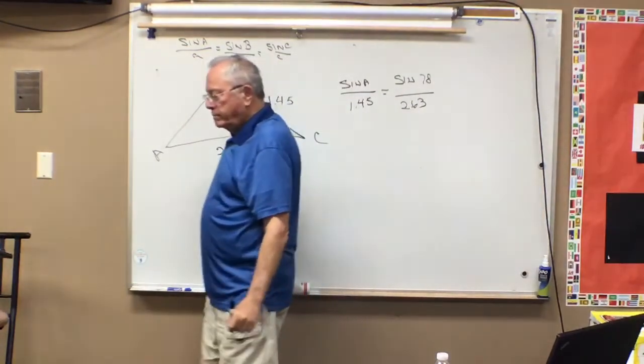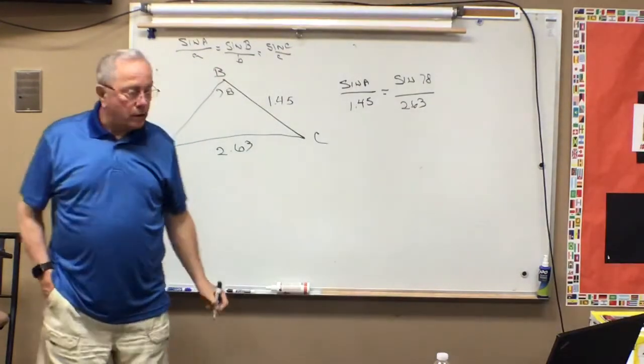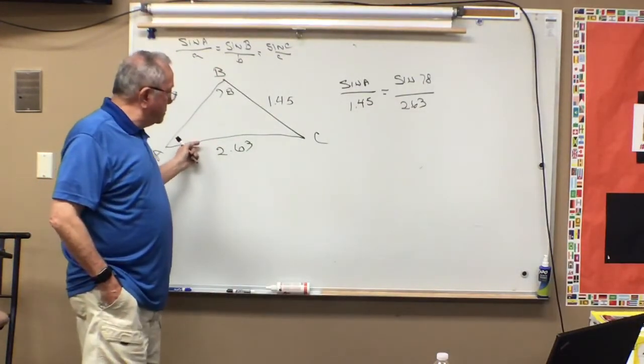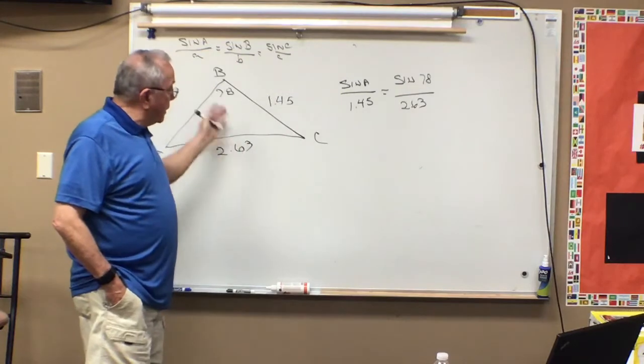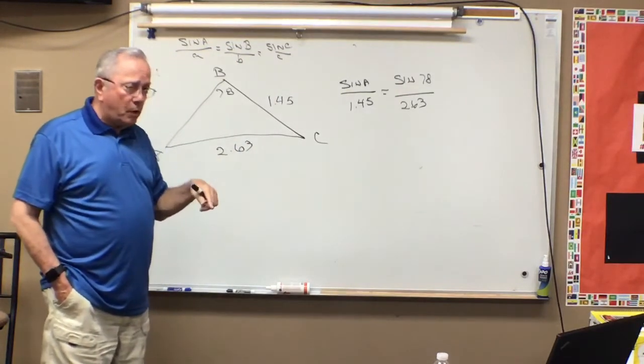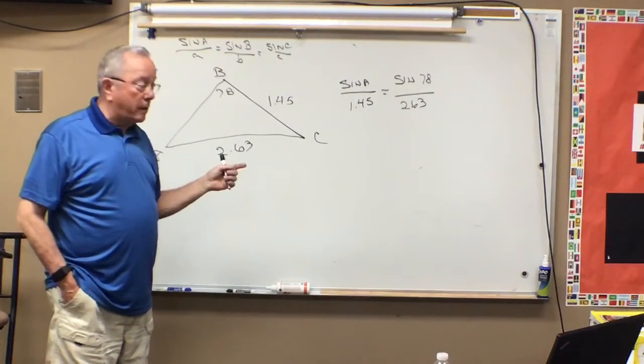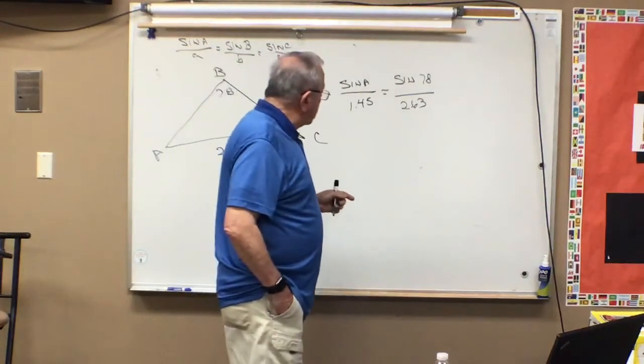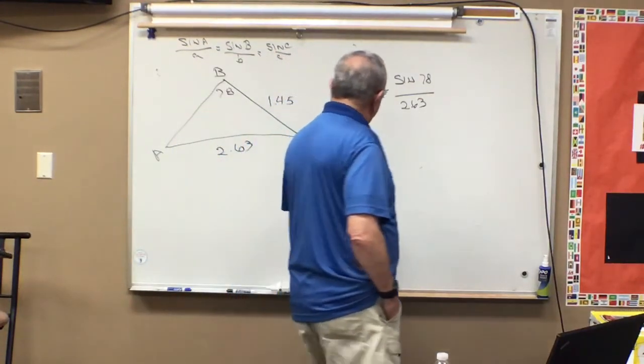Check it out. We're just using sines. Sine is the opposite, right? So again, it's the same thing, except we're going to cross multiply, but now we're going to solve for the angle, aren't we?